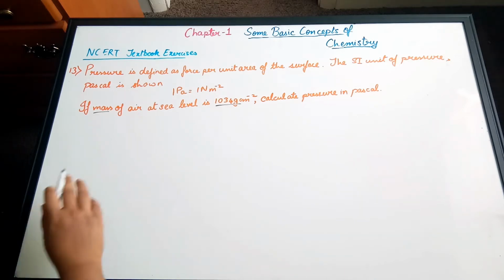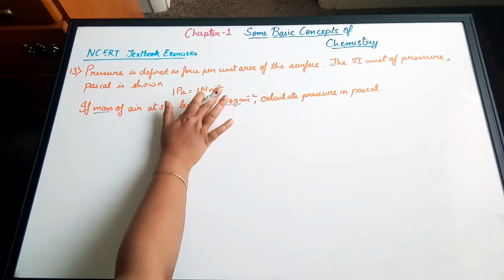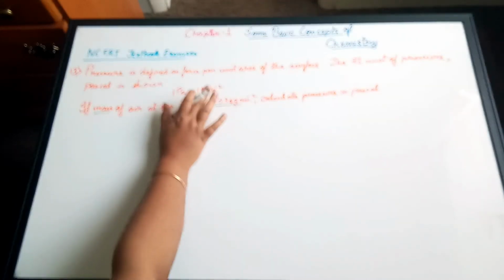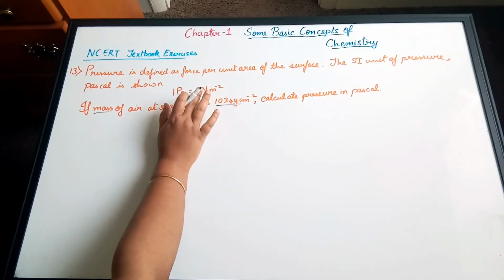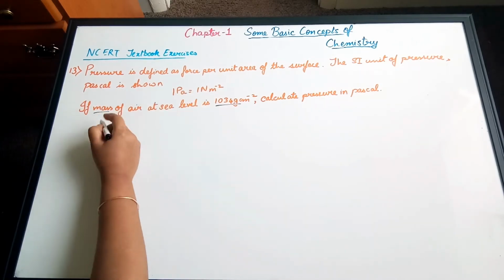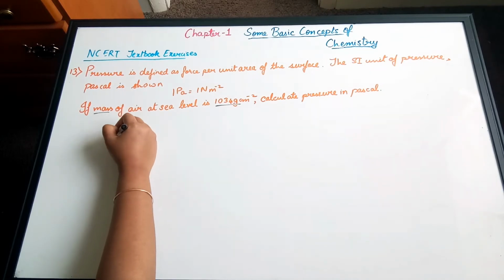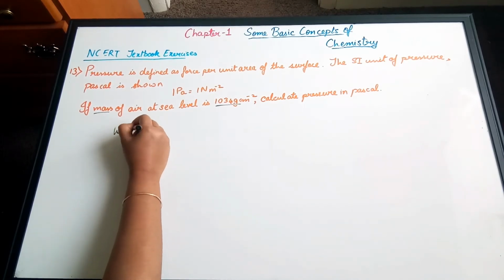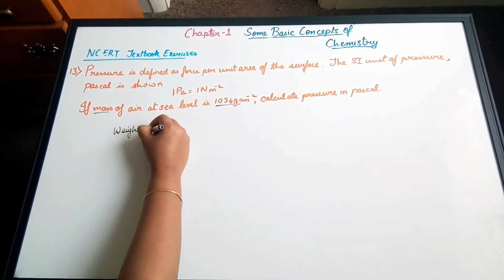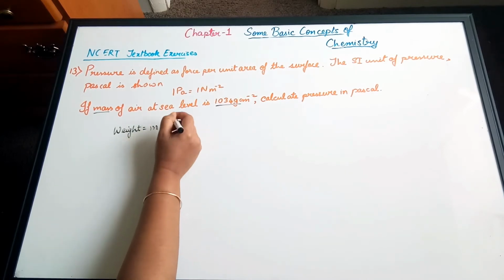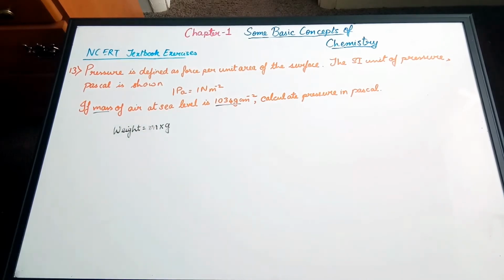So pressure is also defined as force per unit area, right? So pressure is force by unit area, where force is the weight, that is weight equals mass into gravity, because the amount of force of gravity acting on a particular substance is given as weight.